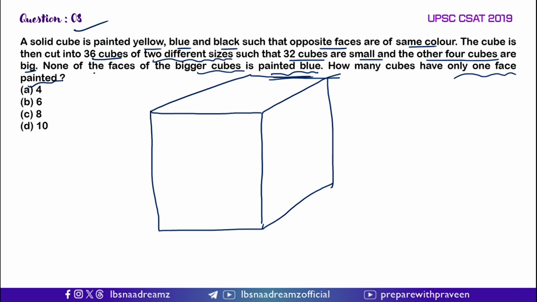Okay, now we have to cut this cube into 36 cubes. In that we should have 2 different size, 32 small cubes and 4 big cubes. For that, let us cut the cube like this.